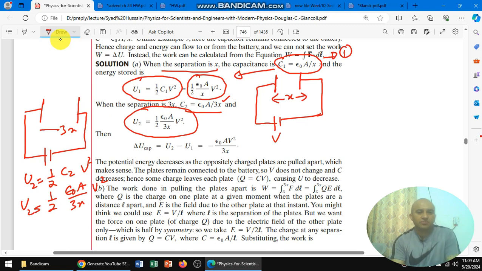Now we have to find the change in energy on the capacitor. The change in energy is U2 minus U1. So we just have to subtract these two formulas, equation 2 and equation number 3.